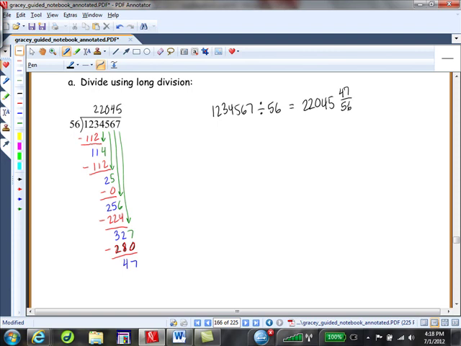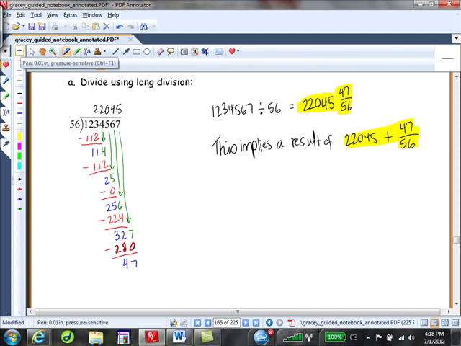Now, with a mixed number, what's implied, this implies a result of 22,045 plus 47 out of 56. These are equivalent. This is what that means. And we need to know this because we're going to be having variables in there.